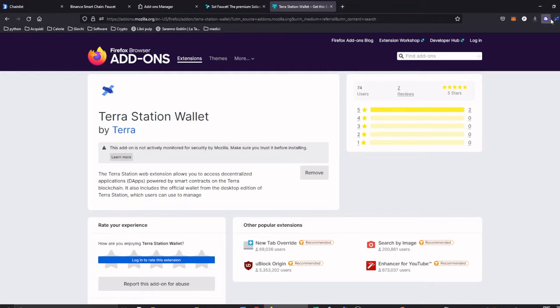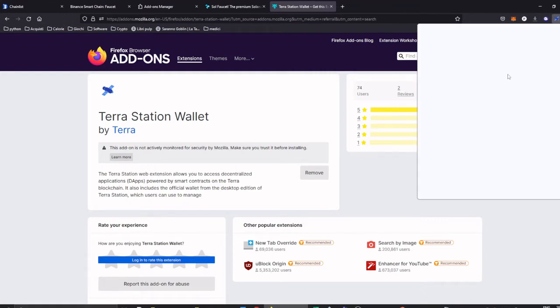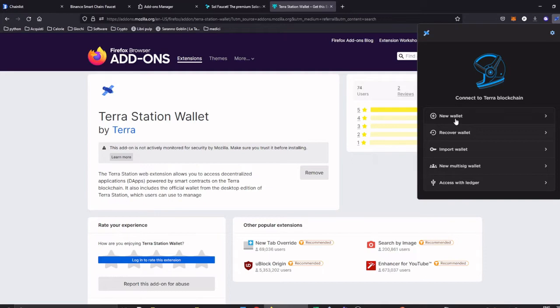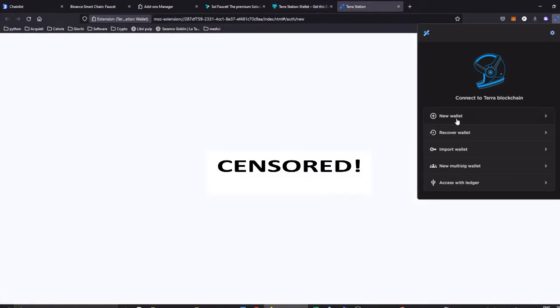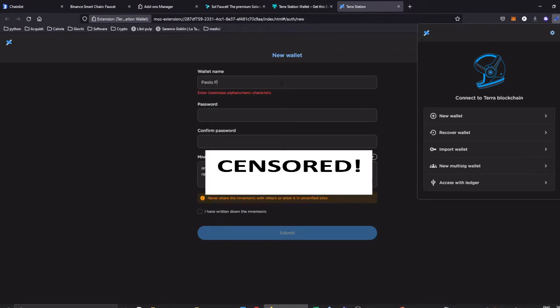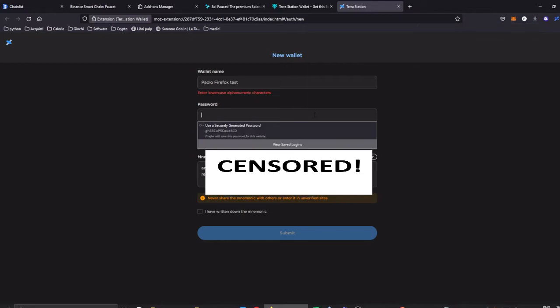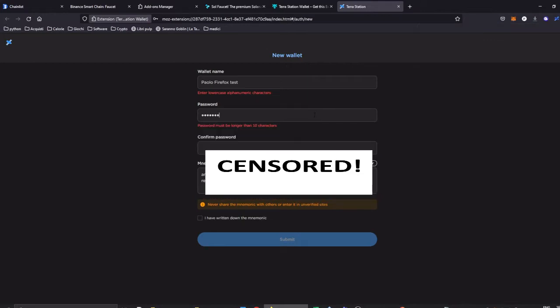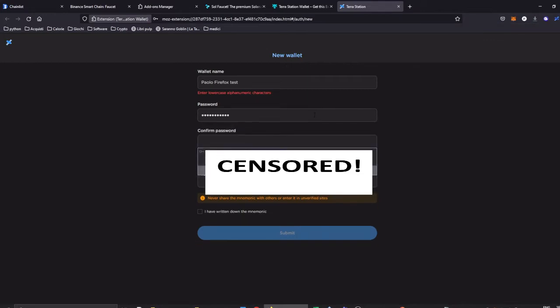Let me reorganize. No, I cannot. Also this one will show me new wallet. Wallet name: Paolo Firefox test. Password. Secret. Pippo. This time I can copy and paste the mnemonic, which is easier.